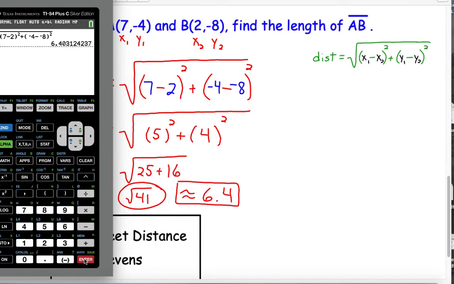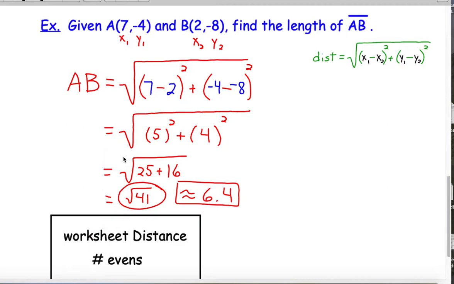And there's that 6.403 number again. It won't give you the exact answer and say the square root of 41, but it'll give you the decimal for that. All right, so the first part of the homework is on the worksheet called distance, and I just want you to do the even numbered problems, 2, 4, 6, 8. So don't do the odd numbered problems.